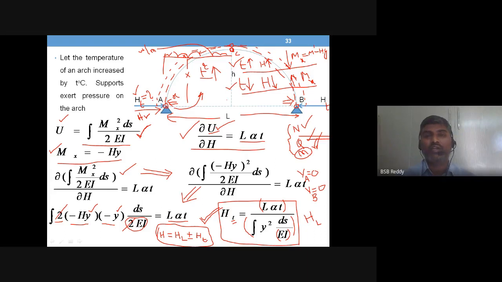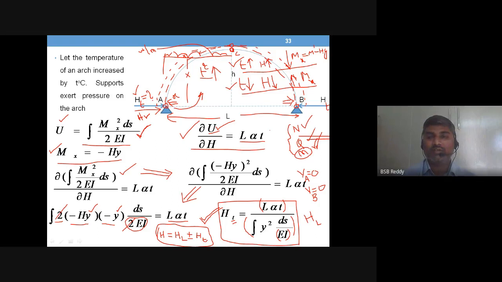So you don't expect any force applied additionally at A and B due to temperature change. That's why we don't expect any horizontal thrust developed at A and B due to temperature change if it is a three-hinged arch. The reason behind it is very simple.